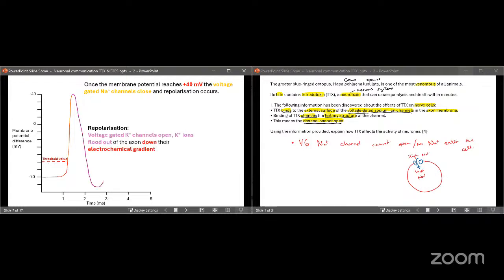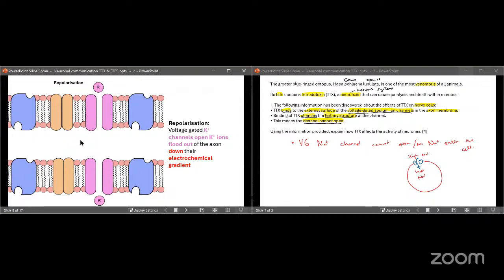That results in repolarization. Our voltage-gated potassium channels open. We now have the potassium ions flood out of the axon, down their electrical chemical gradient, and they will diffuse out and therefore lower that potential difference back towards that minus 70 millivolts.